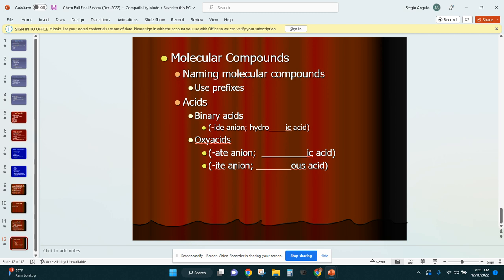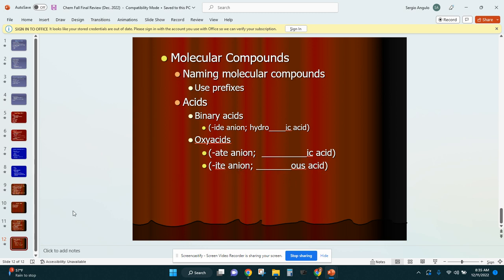For the acids with an ate anion, you drop the ate and put ic acid in its place. For the acids with an ite ion, you drop the ite and put ous acid in its place.